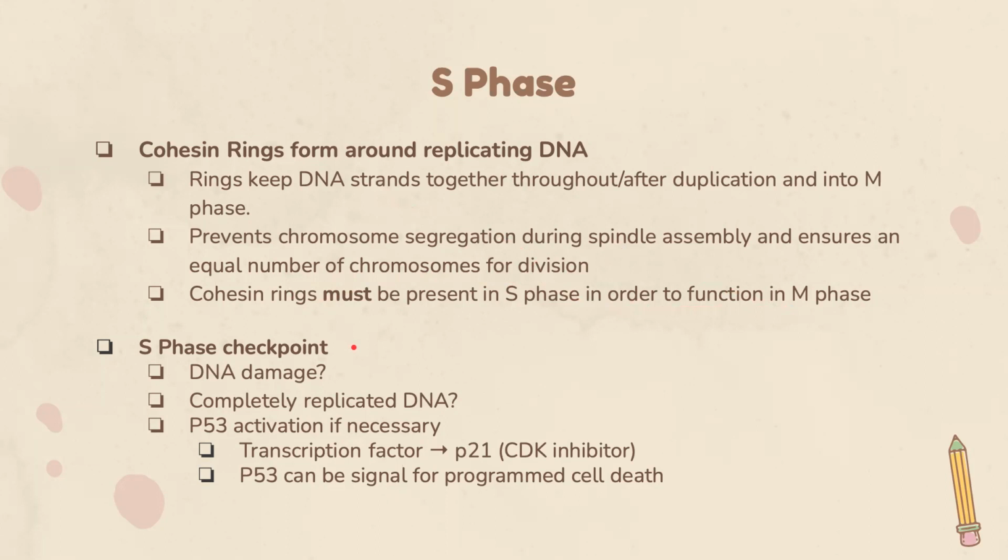So that goes a little bit into the S phase checkpoint. The S phase checkpoint is the level between S phase and M phase, determining if they can go into the next cell division cycle. So it's checking if any of the DNA is damaged, if any of the DNA is wrongly replicated, has all of the DNA been replicated?